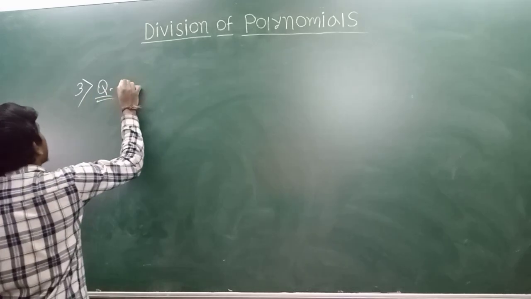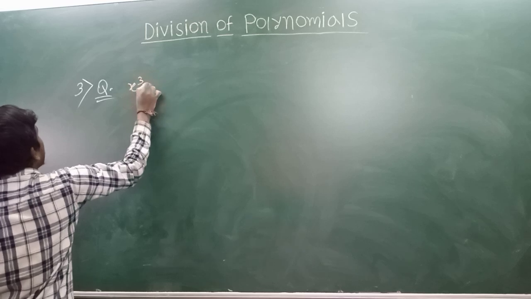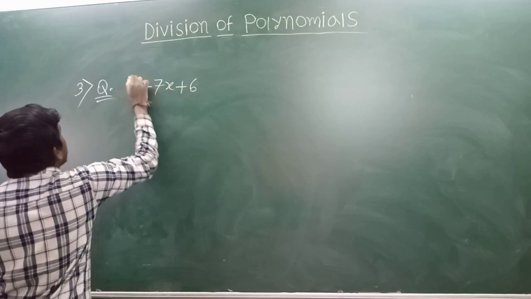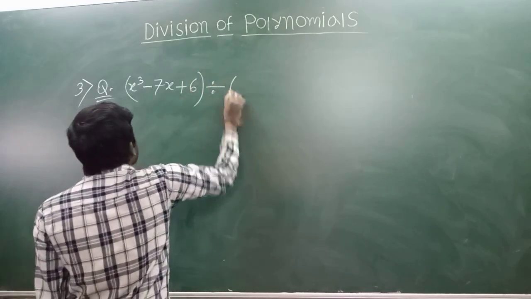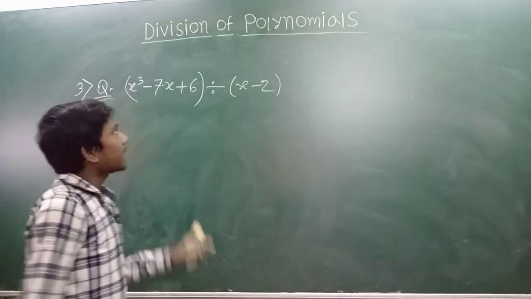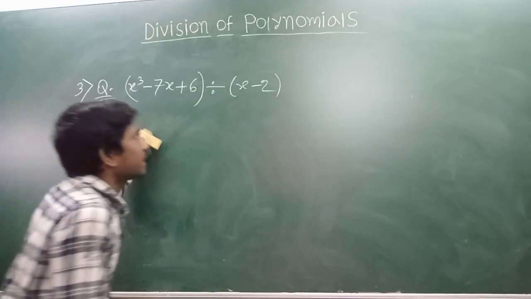Question number 3. Divide x cube minus 7x plus 6 by x minus 2, and find its factors.